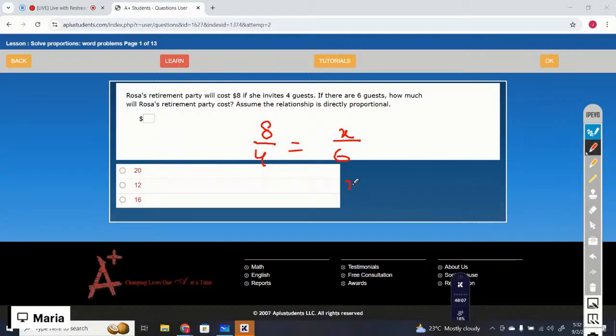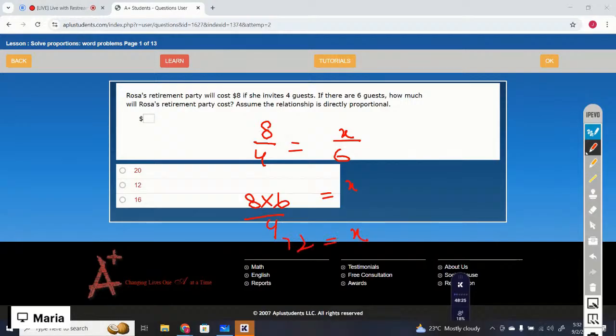That is x equals 8 times 6 over 4. 8 times 6 is 48. So 48 divided by 4 is 12.